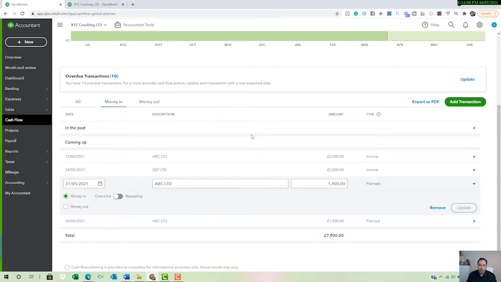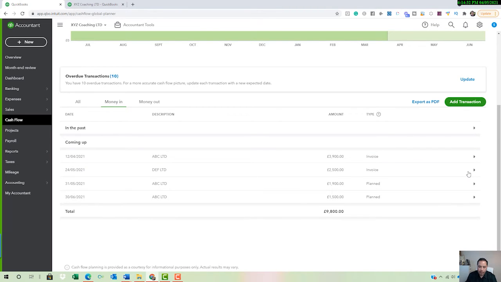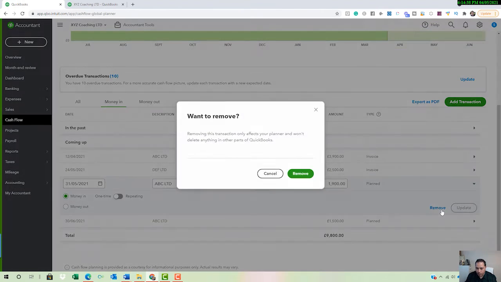So you can make this planning as interactive and real time as your conversations with your clients. Otherwise the system thinks, okay, your invoice is due on the 12th of April, so it would just put back 3,900 due on this date, and I would expect this to be paid on this date. And if that happens, then this will not happen, right? So we just have to go to this and remove this one.